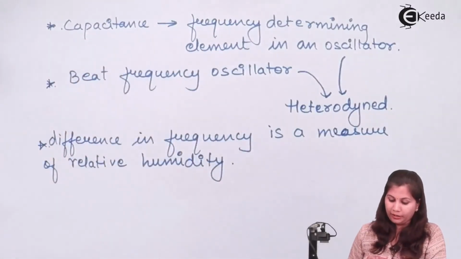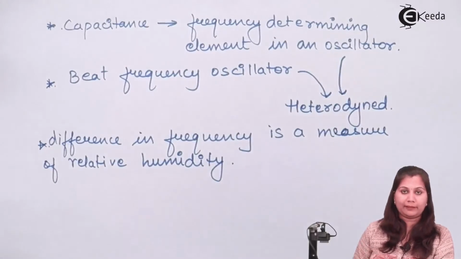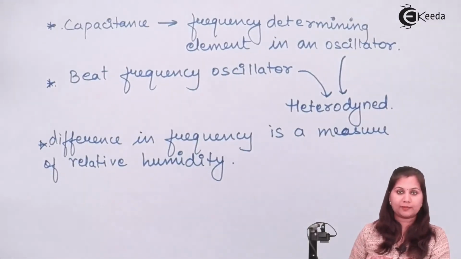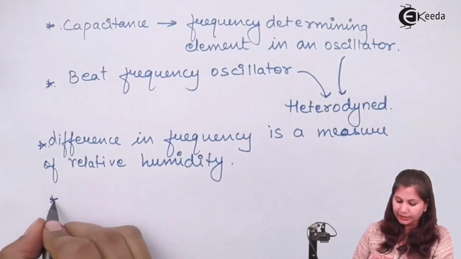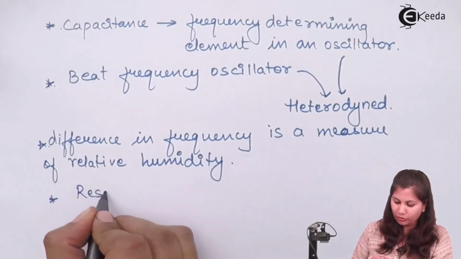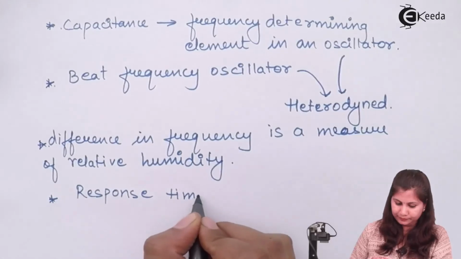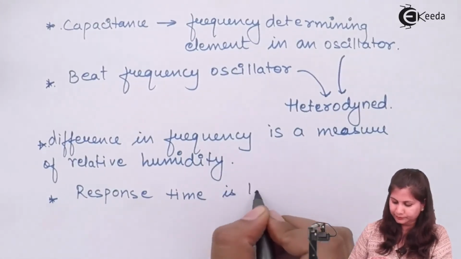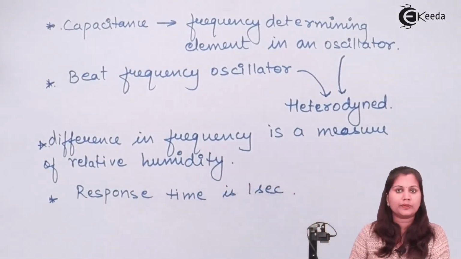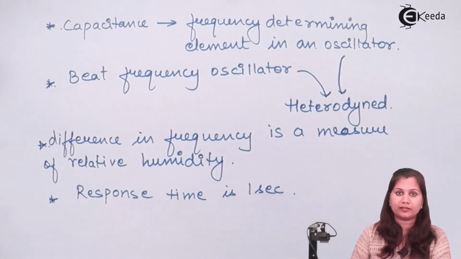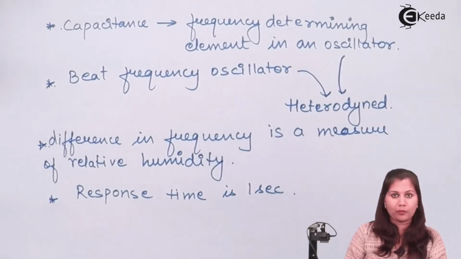Okay. Now if we talk about the response time, that is, how fast is the response of such hygrometers, then its response time is about 1 second. So it has a very fast response time.